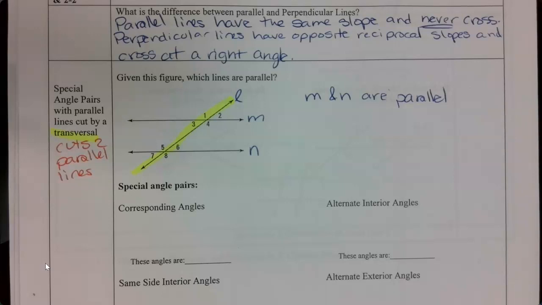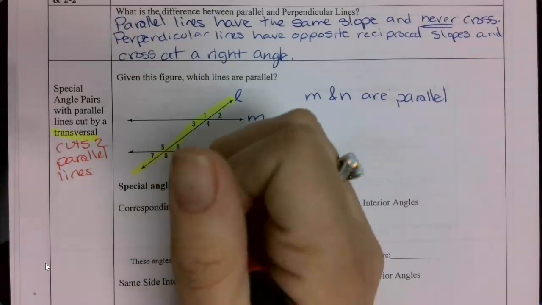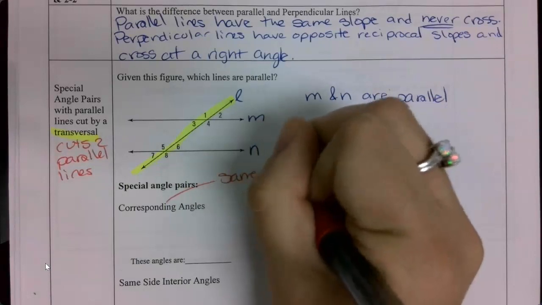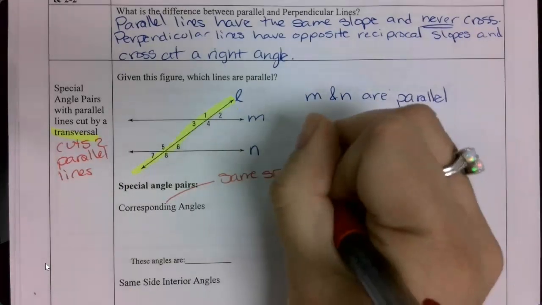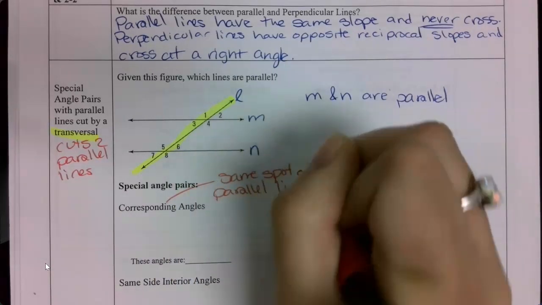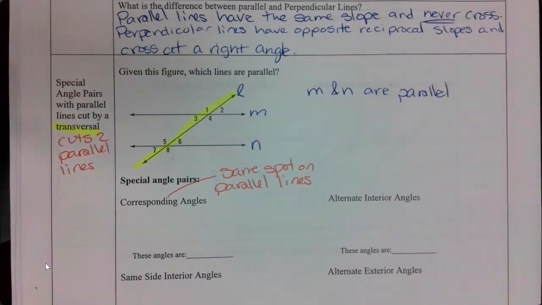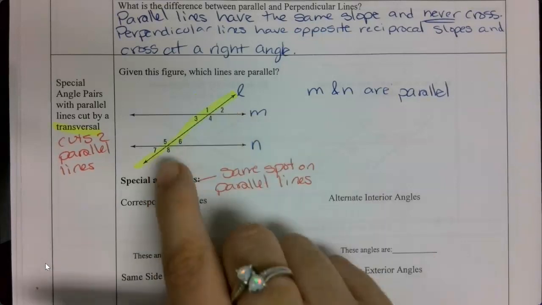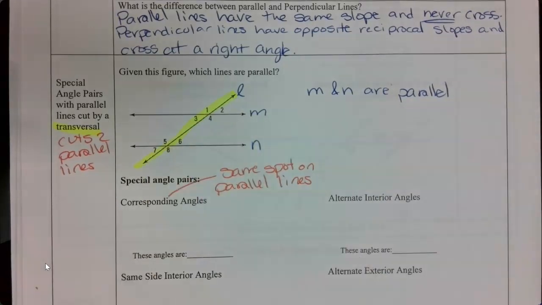Okay, so I have some special pair types. My first is corresponding angles. These are in the same spot on parallel lines. So if I take a look, this 1 is in the top left corner, and this 5 is also in the top left corner of the N line.